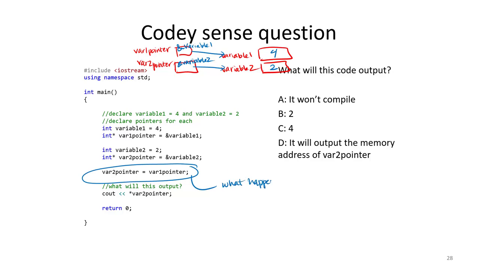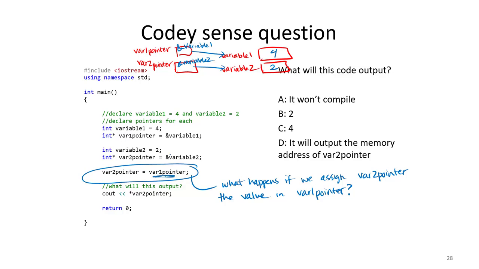What happens if we assign variable 2 pointer the value in variable 1 pointer? Well, let's see what happens.